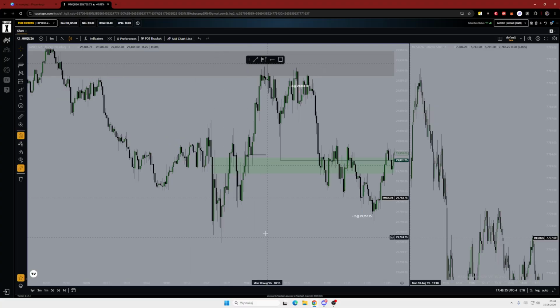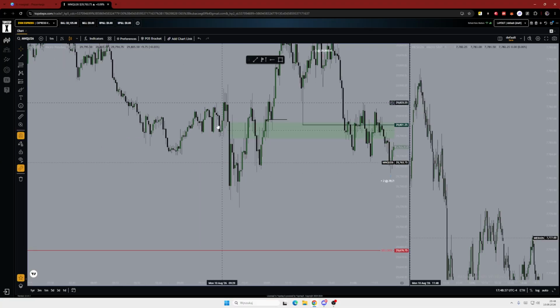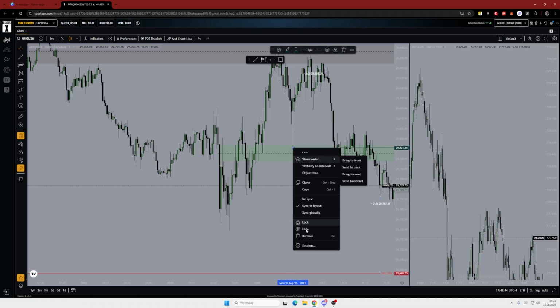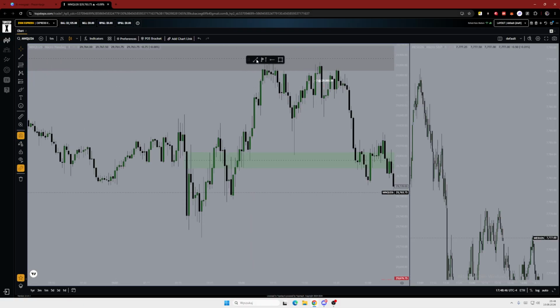However, we go lower, we open a bit higher, I think like there. Let me take this out. We open a bit higher from this, so this is our PO3 on a 30-minute time frame.